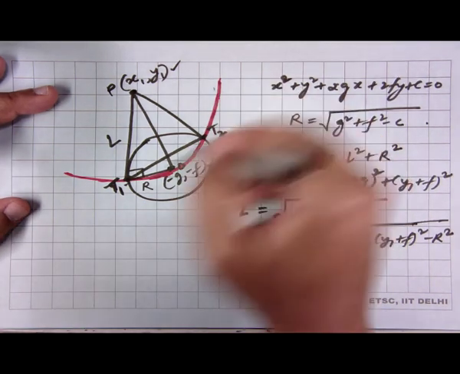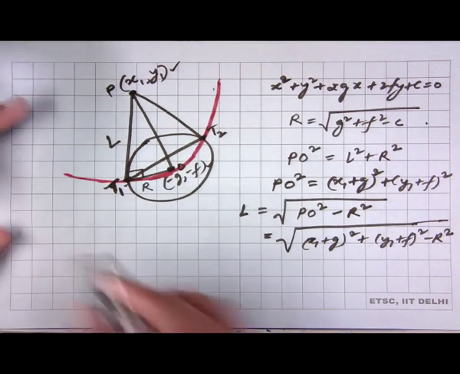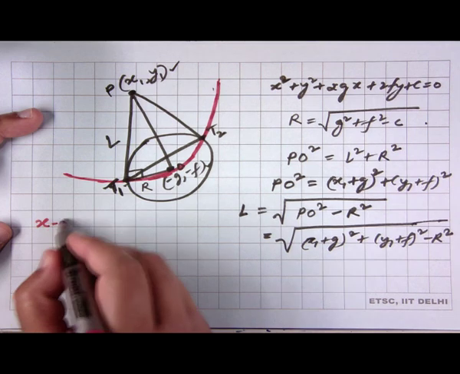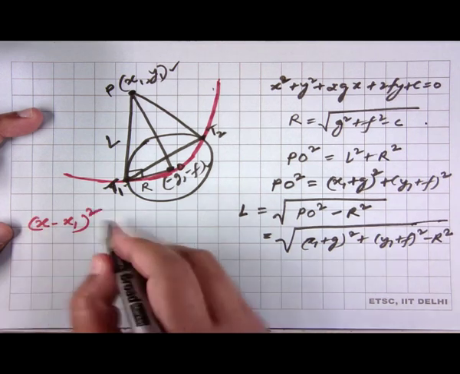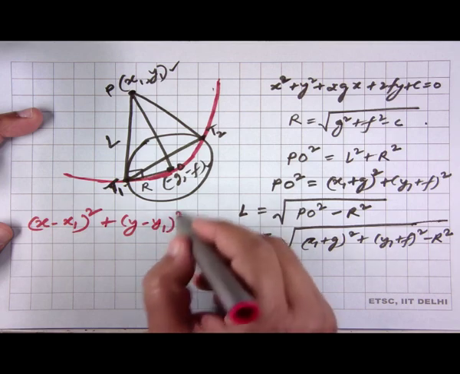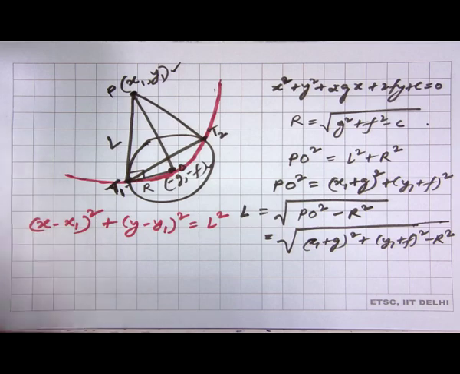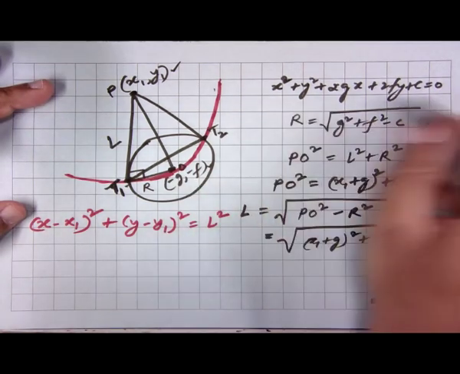So, the equation of this red circle is x minus x1 whole square plus y minus y1 whole square is L square, and that of the given circle is this equation.